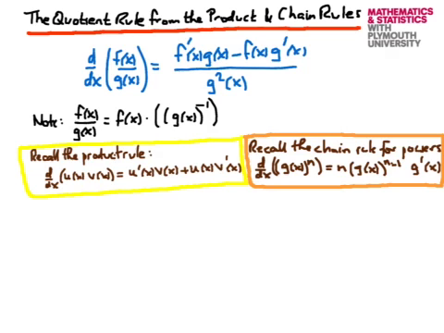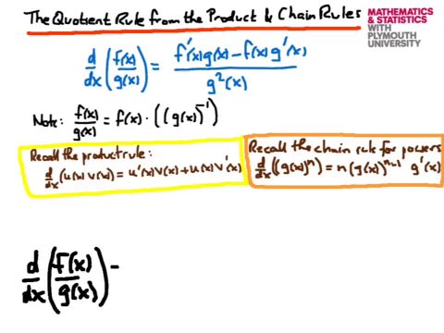So therefore what we're going to get is that the derivative with respect to x of f of x over g of x is given by, so looking at it here we have a product, the first term is f, so we have the derivative f dash of x, multiplied by the second term in the product, and the second term in the product is 1 over g of x, so I can just write this as over g of x.